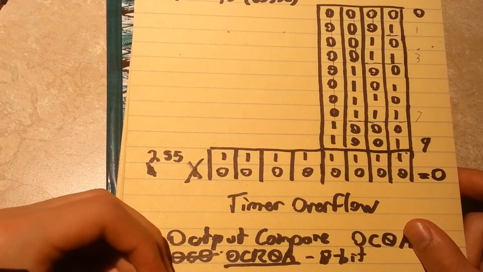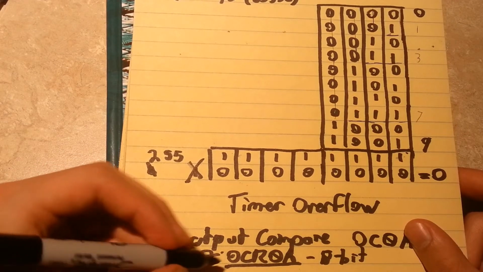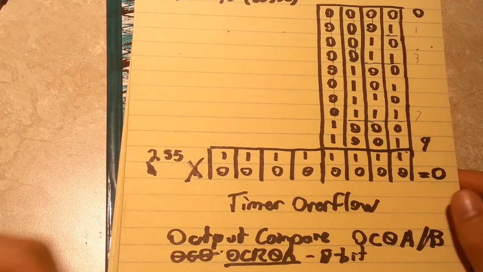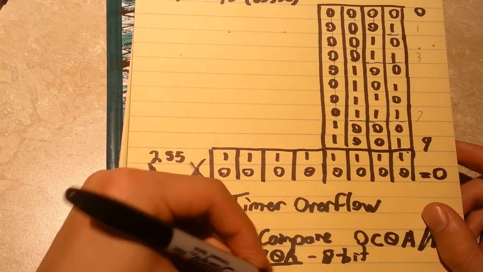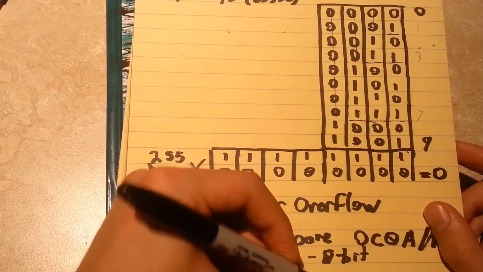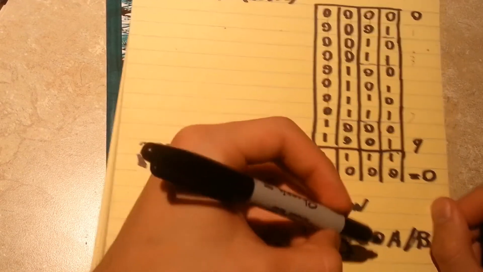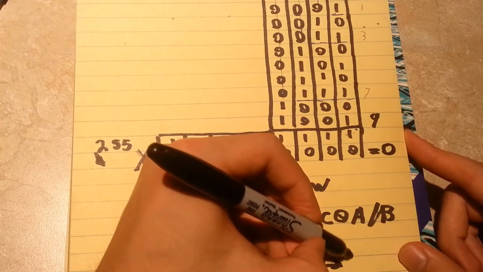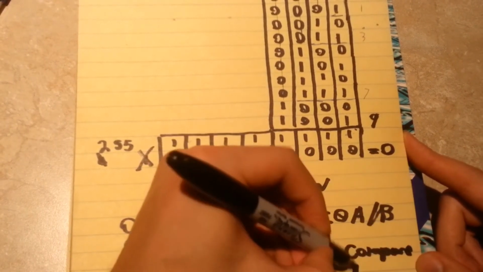The current value of the timer is stored in TCNT 0 or 1 or 2, depending on the timer. It gets compared with the output compare register. And if they're equal, it will produce a compare match.